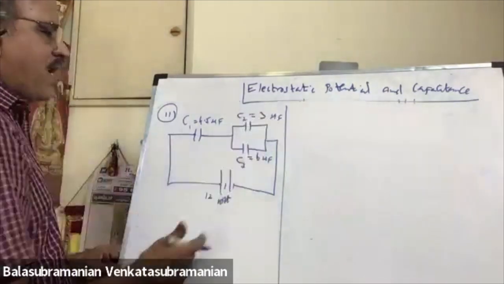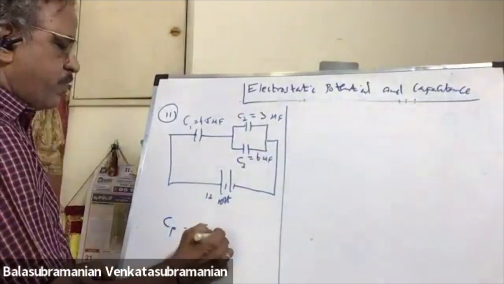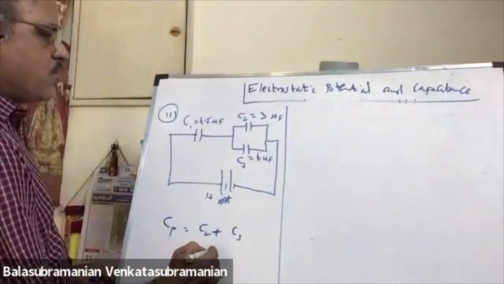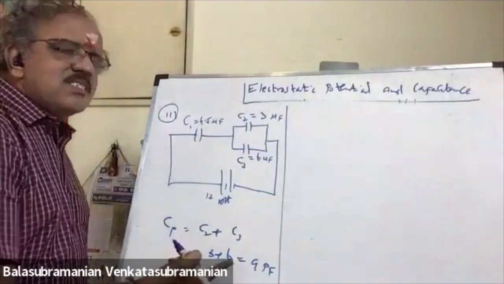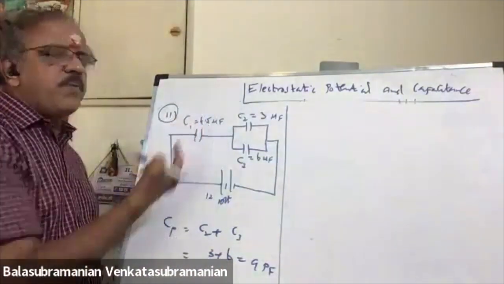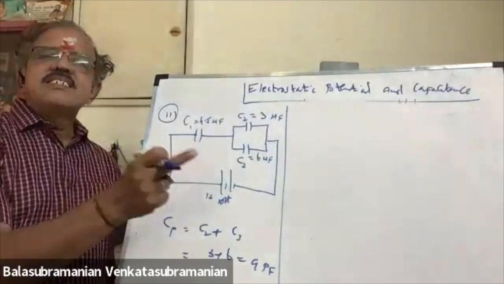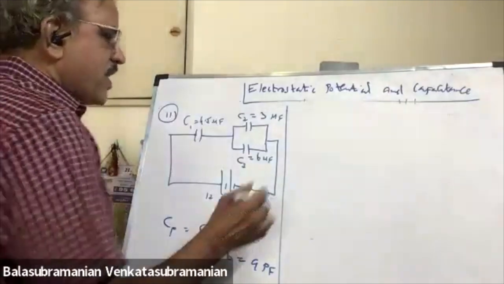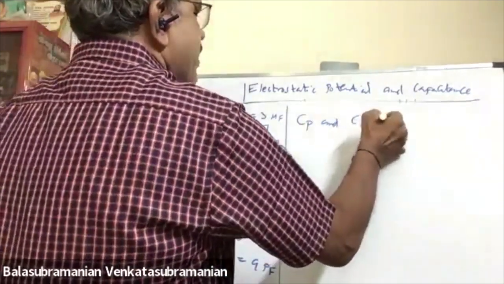These two are in parallel. So I can write Cp is equal to C2 plus C3, 3 plus 6, 9 microfarad. This 9 microfarad and this 4.5 microfarad are in series now. So you can write Cp and C1 are in series.